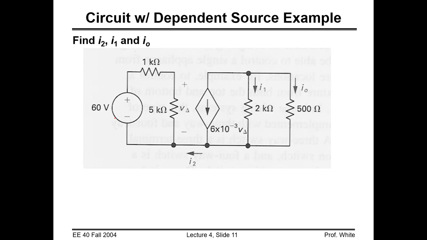This current source depends on the voltage, so it is a voltage controlled current source. This is V. This is called a voltage controlled current source. Okay, clear?